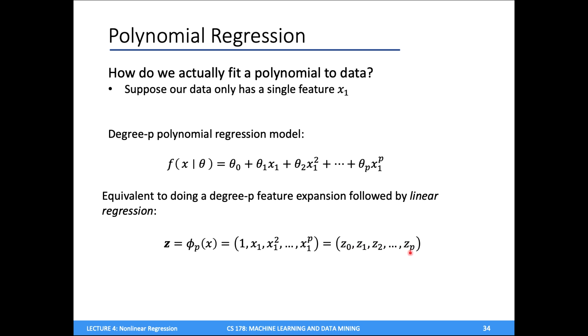And we get out some new features, which I'll call z0, z1, all the way up to zp. And if I write down the equation for a linear regression model on top of these new features, z, it has the following form: theta 0 plus theta 1 z1 plus and so on, plus theta p times zp. Now this is exactly the equation for a linear regression model, except on our new feature z. And we can also write it in this convenient sum form.